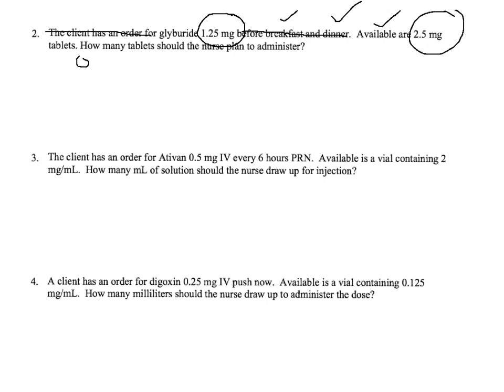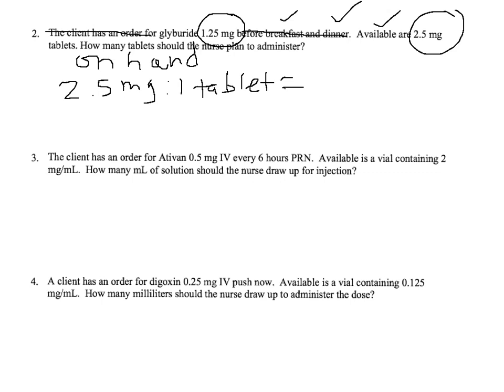Well, following the process I showed you before, what you have on hand is 2.5 milligrams in one tablet. What do I need to give? What do I need to prepare?